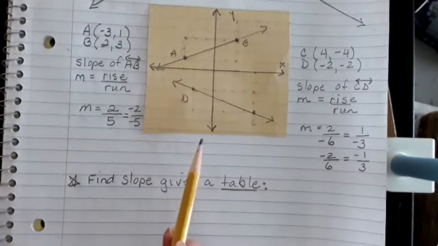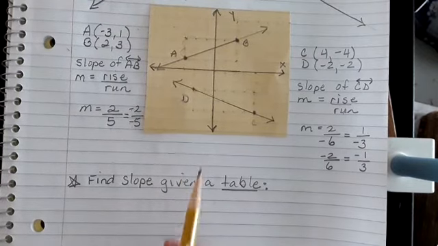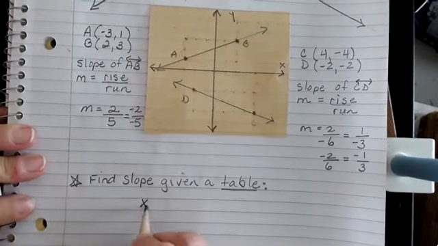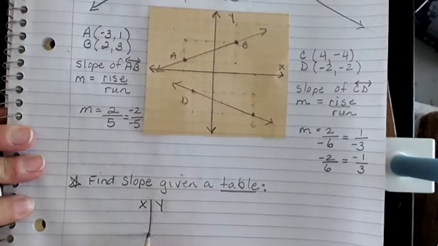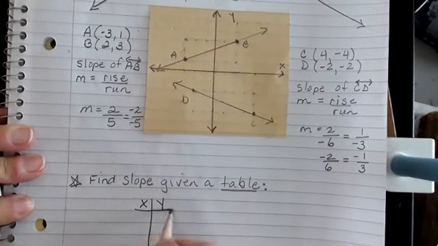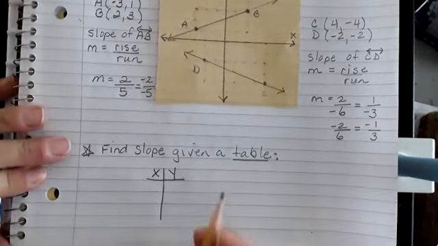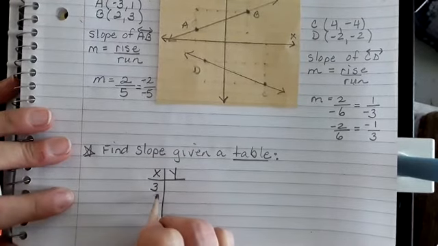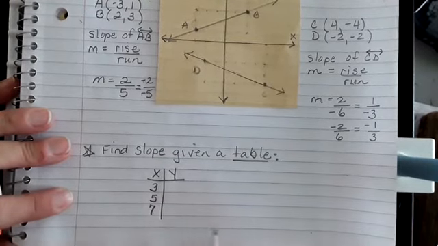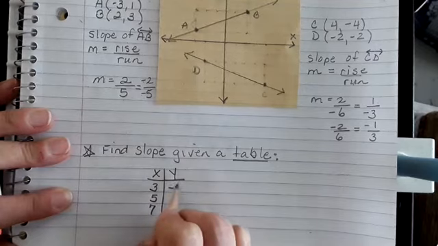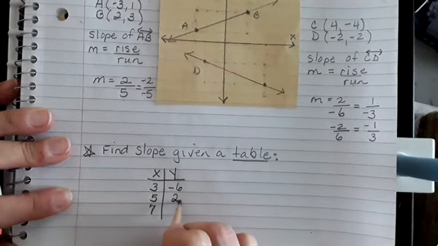Okay, so we have the graph and now we have the table. All right, so let's say I give you x and y values that go together to create a line, a linear function. If I use those values for x, let's say I use this for y.